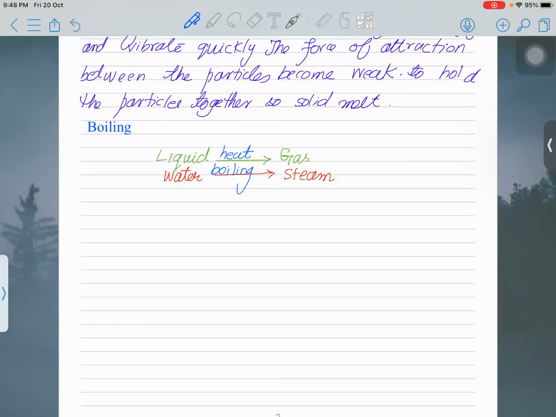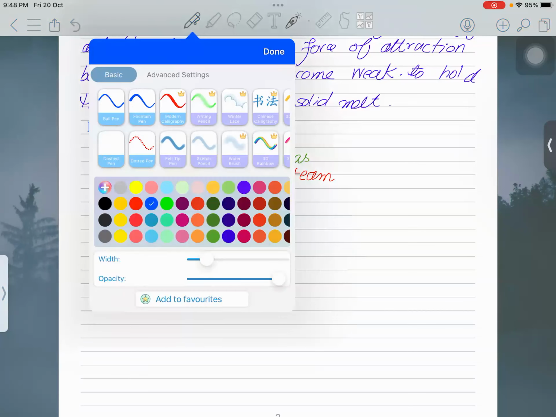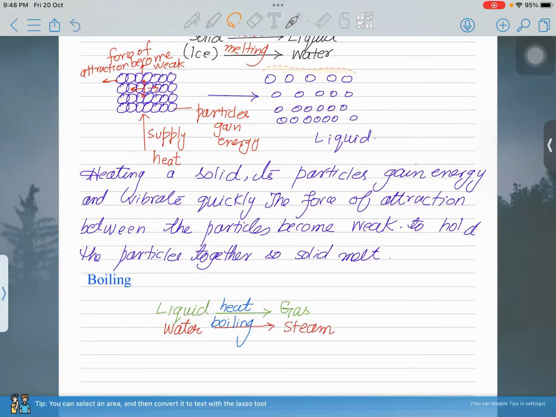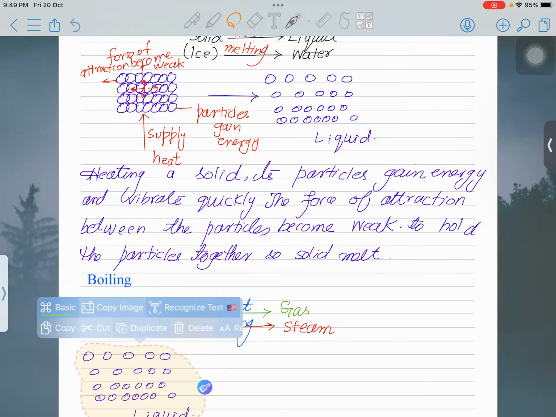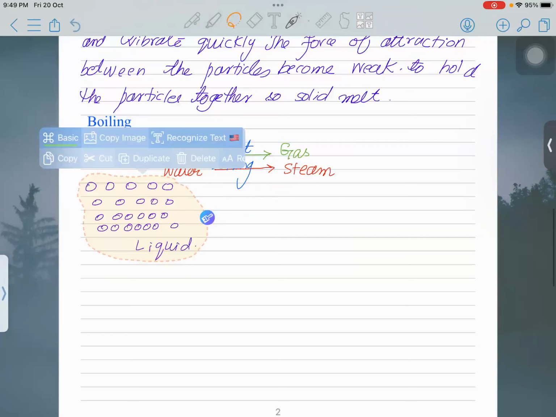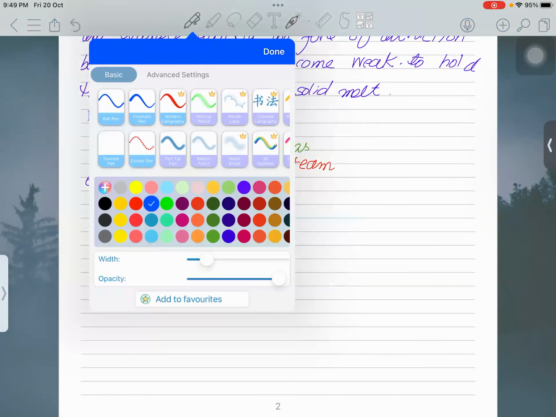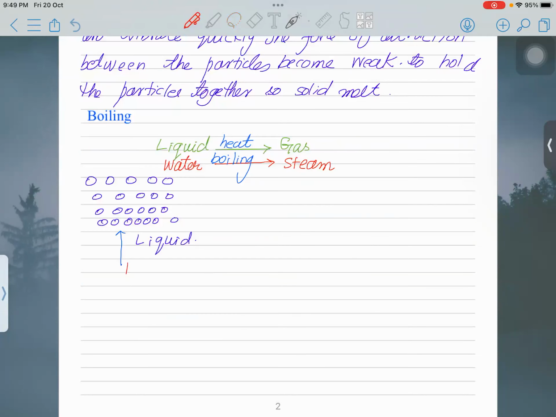Now, same thing for gases or liquid. Now, take this liquid. When you provide heat, they absorb energy.